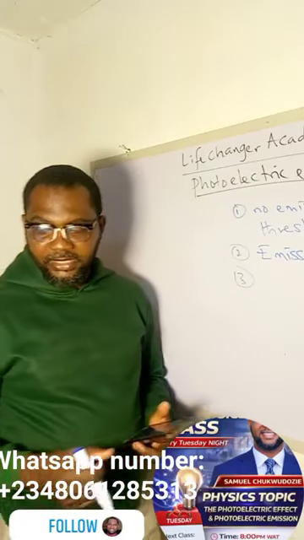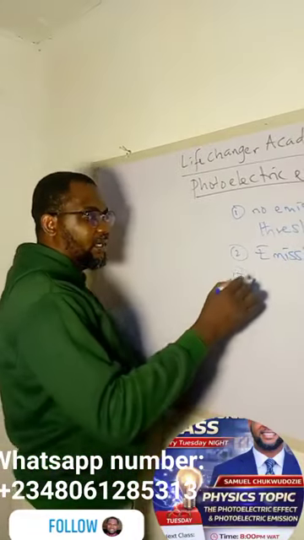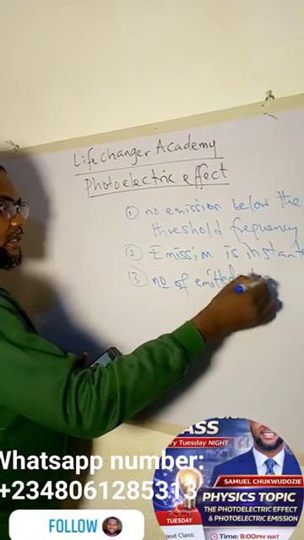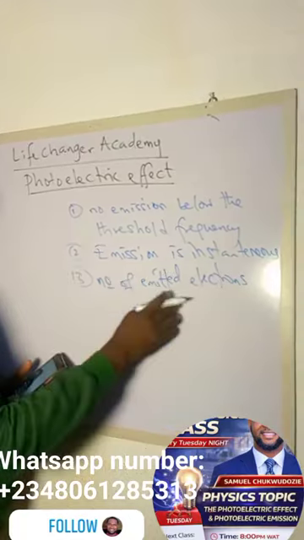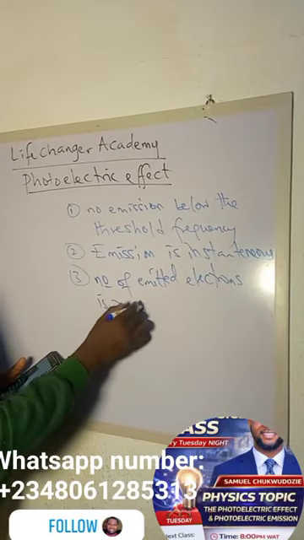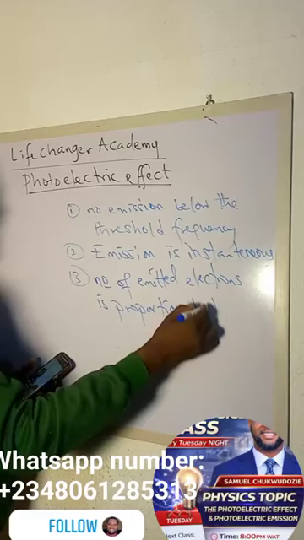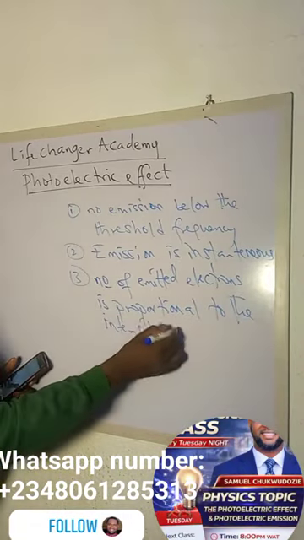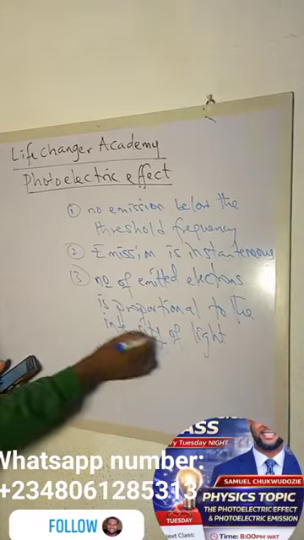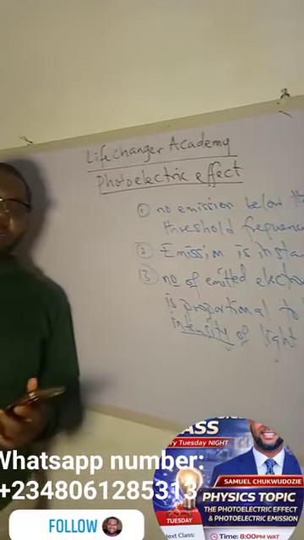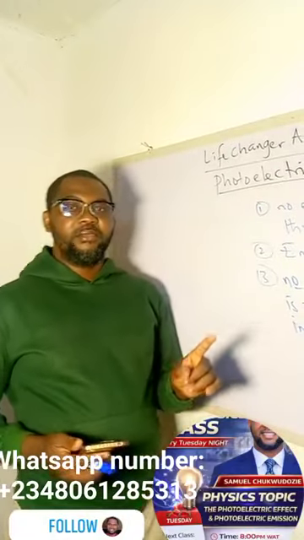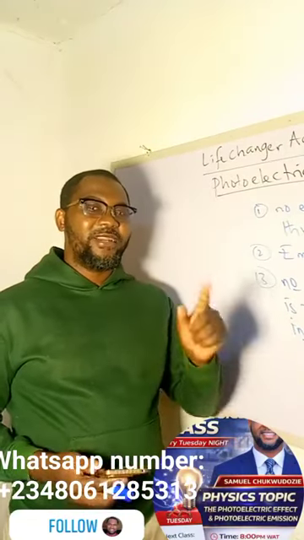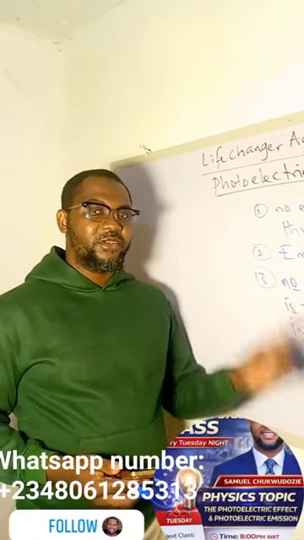Another thing I want to mention, and this is very important, is that the number of emitted electrons is proportional to the intensity of light. This is an exam question, please. Let me say this before I move forward: no matter how intense light is, it is not enough to eject electrons from the surface of a metal.